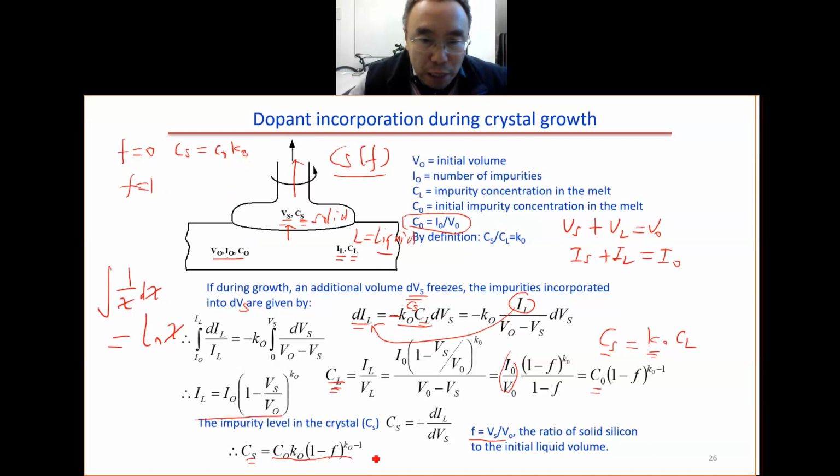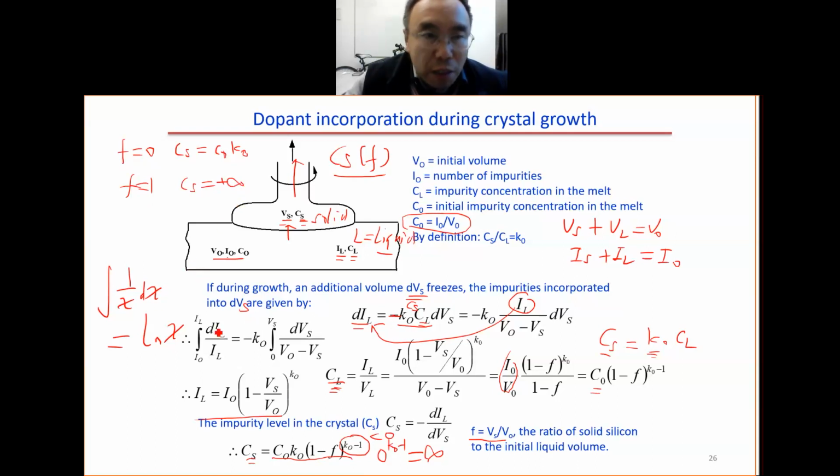Then this one equals infinity, because the value here, K naught minus 1, is less than 0. So for F equal to 1, CS equals infinity.